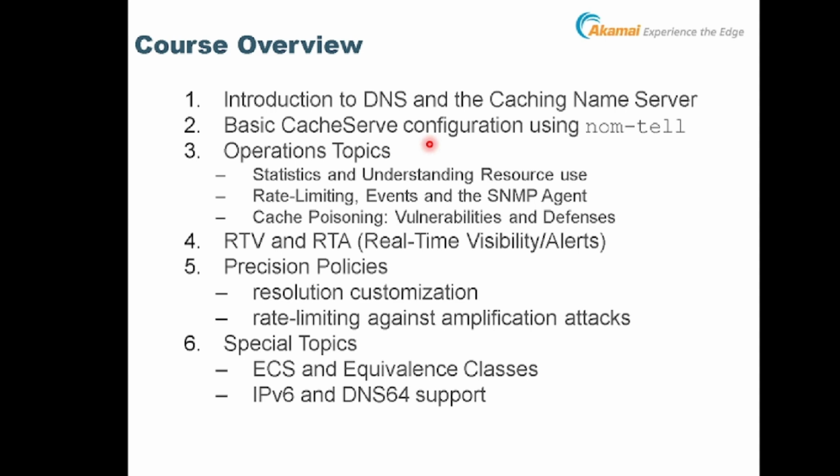The good news, I think you will think it's good news, is that there are not a lot of databases because we're not storing content in the form of zones. There is not as great a need to have persistent storage, and so the master slave databases for the content of DNS resource records no longer appear in CacheServe.